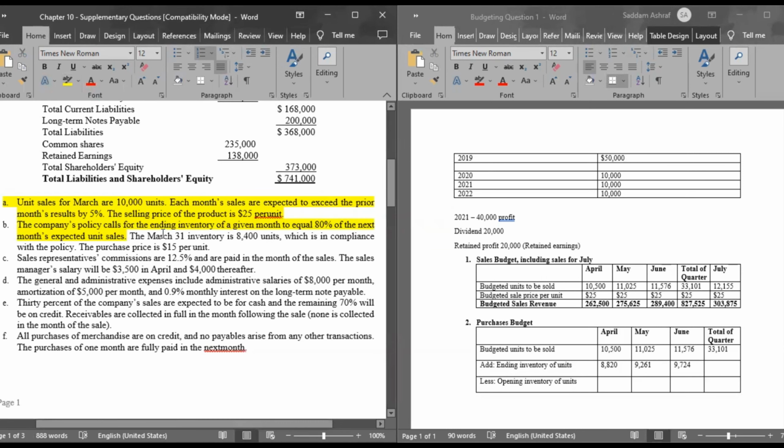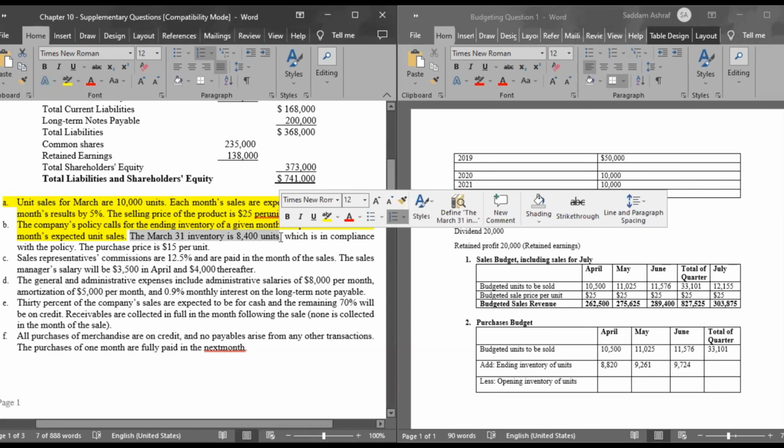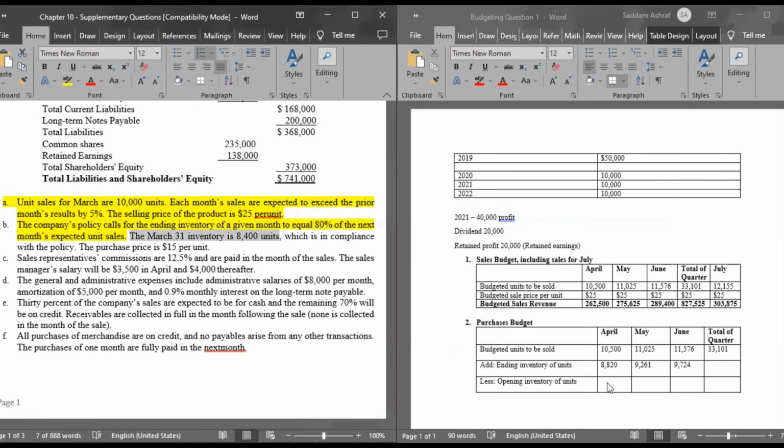The March 31st inventory is 8,400 units, so this is the ending inventory of March, and it will be the opening inventory of April. If we have ending inventory in December, the same inventory will be the opening inventory of January. Same here, in April we have opening inventory of 8,400 units.